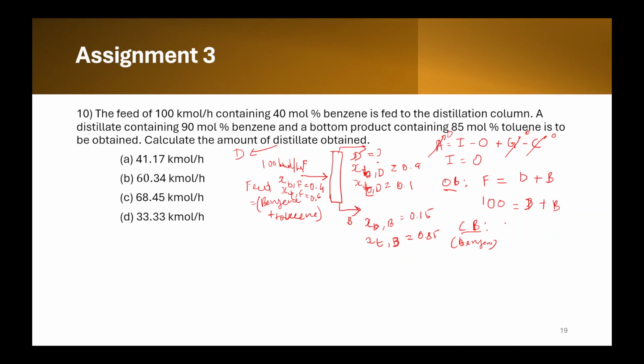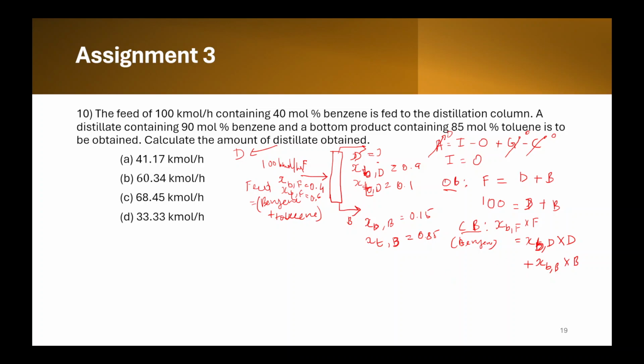Mass of benzene in will be XBF into F, is equal to XBD into D plus XBB into B. This gives us the mass of benzene in distillate and mass of benzene in bottoms, and we add them and equate to the mass of benzene in feed.